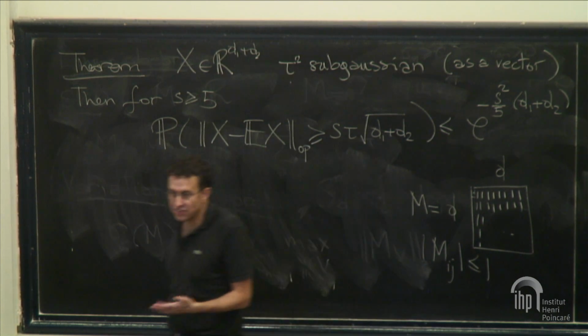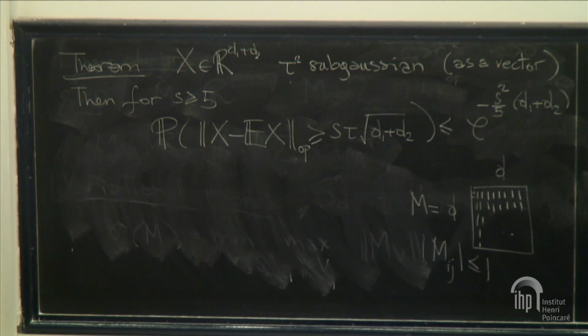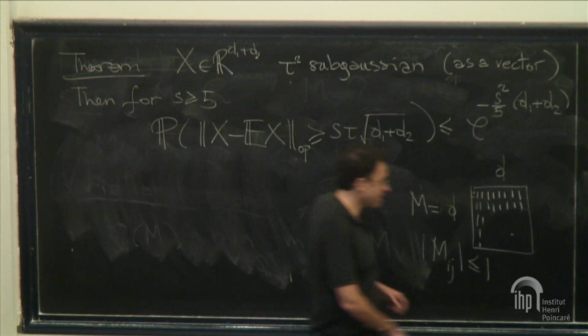This is very counterintuitive in a sense. A random matrix has a norm that is much smaller than the maximum norm. Most matrices have extremely small norm.